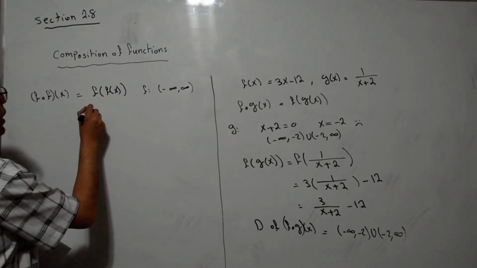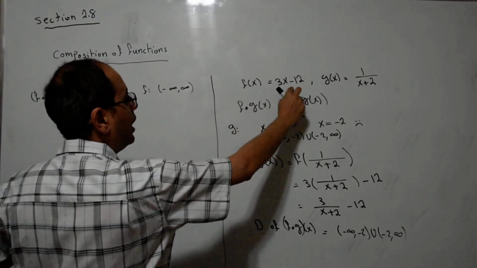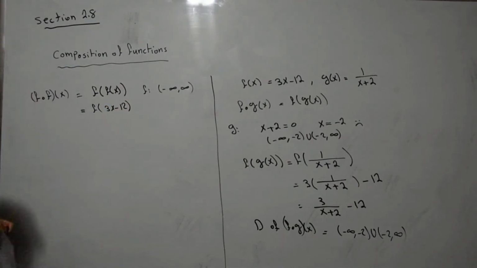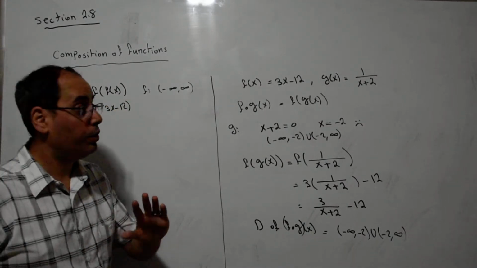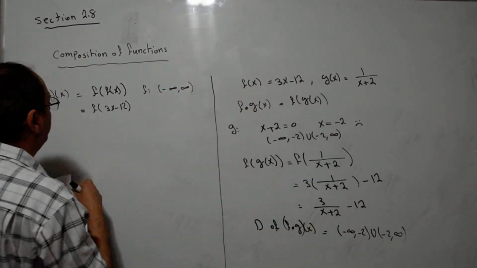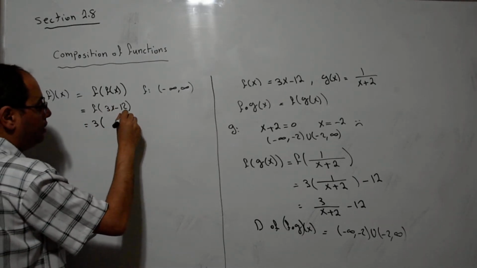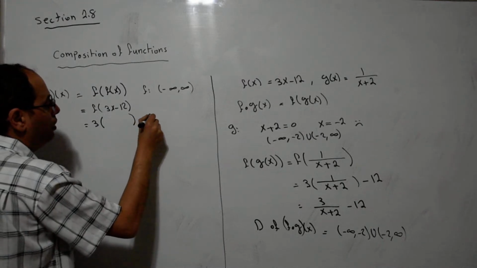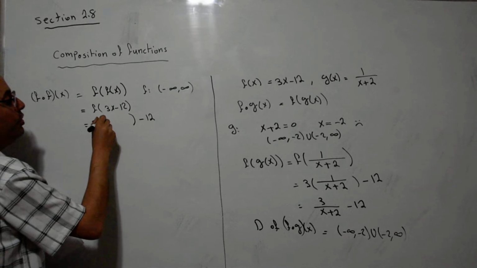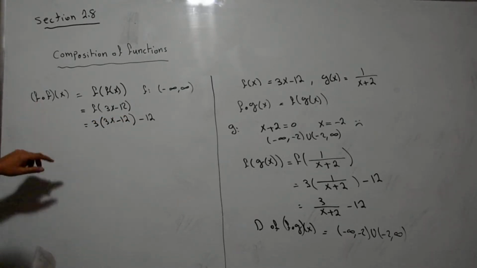Okay, so f, I plug this one here, so I get the 3x minus 12. There you go. And now, as I told you before, do that pattern, 3 times parentheses minus 12. So this is 3 times parentheses, which is x, minus 12. But now I want to get the f of 3x minus 12. So I'm going to plug 3x minus 12, now because it's f compound f.